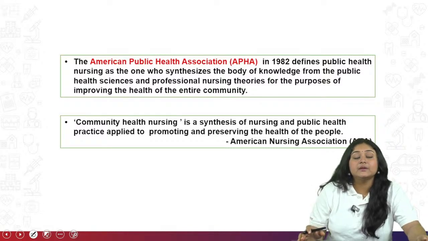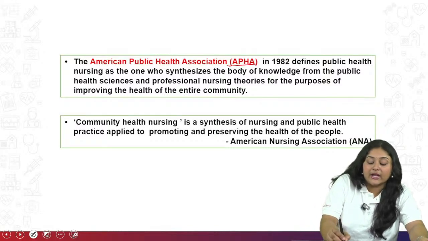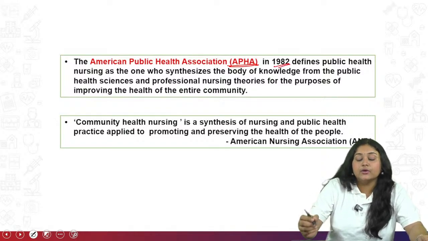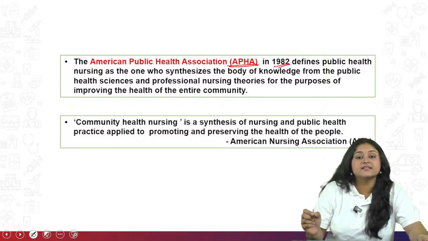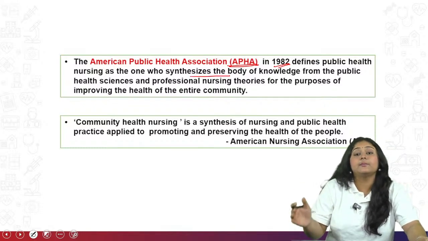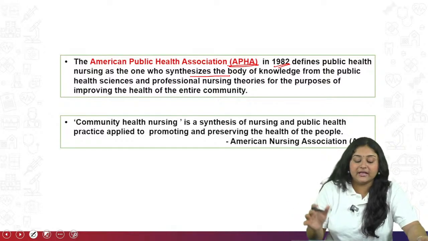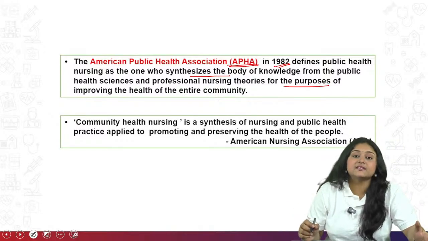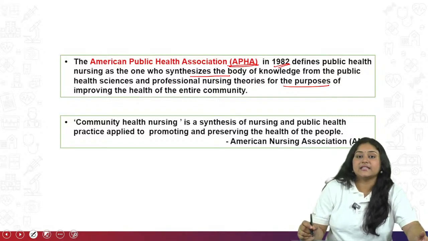Next, the American Public Health Association, or APHA, in the year 1982, defined that public health nursing is the synthesis of the body of knowledge from public health science and professional nursing theories for the purpose of improving the health of the entire community.